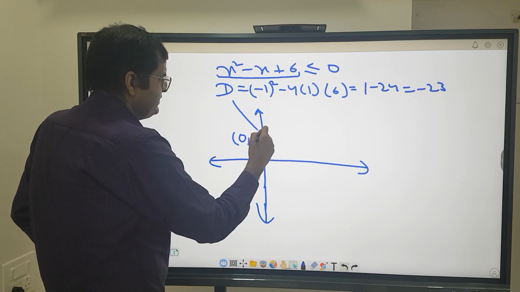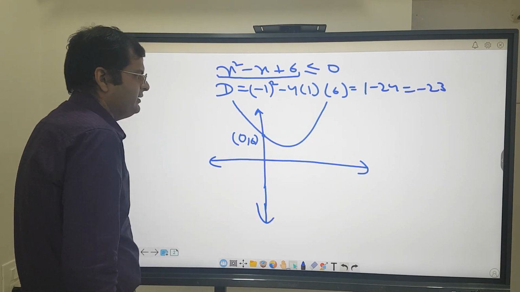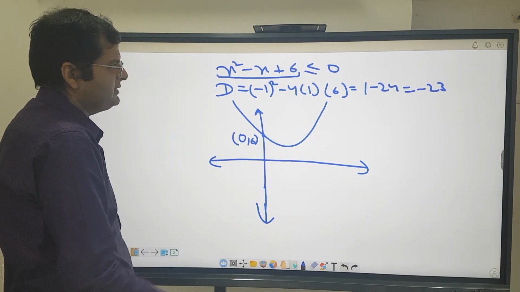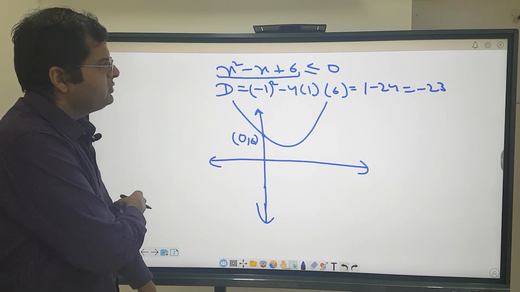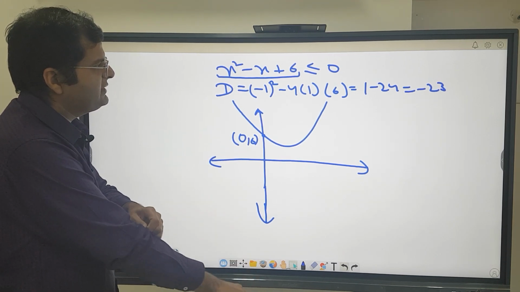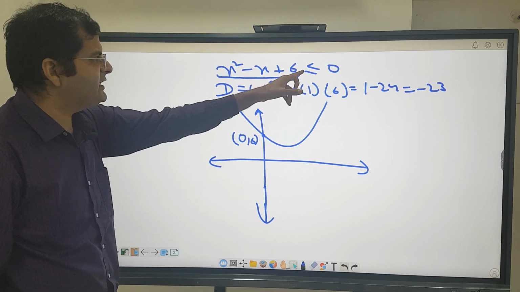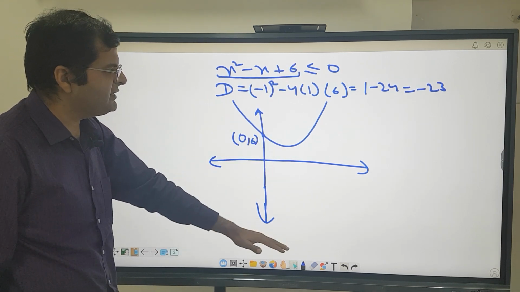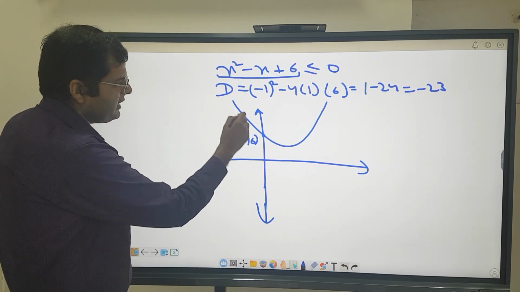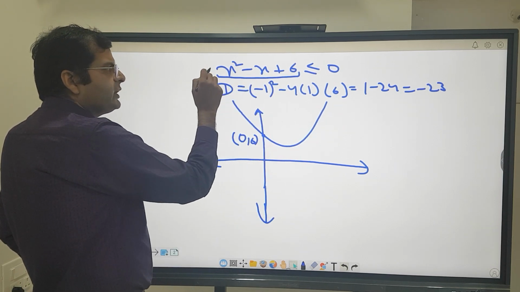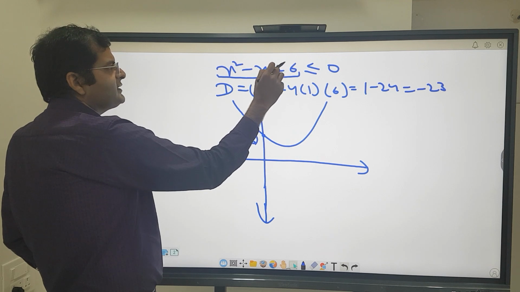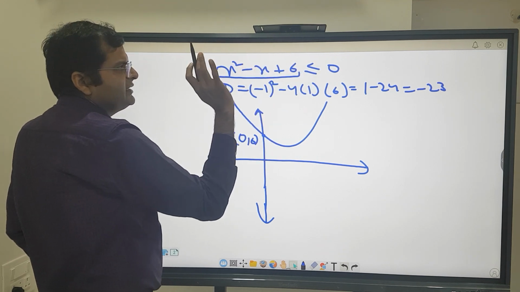So the graph will be somewhat like this, and it never cuts the x-axis. So will this expression ever be equal to or less than 0? No, because the graph never goes below the x-axis. You can take whatever value of x, it will never be equal to or less than 0.